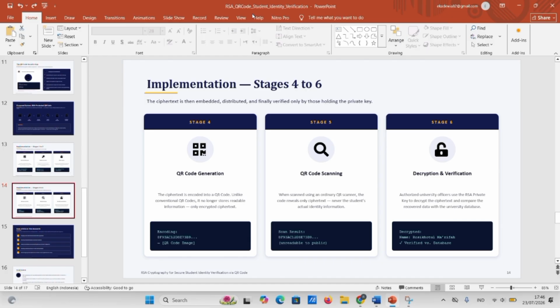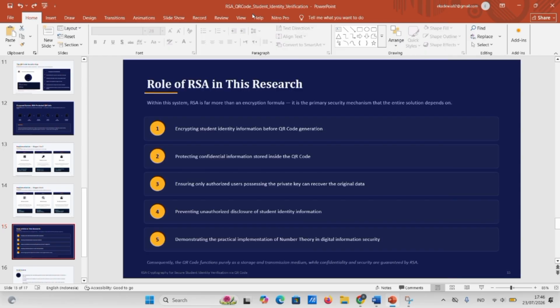Stage 6: decryption and verification. Authorized university officers use the RSA private key to decrypt the ciphertext and compare the recovered data with the university database. In this project, RSA is much more than an encryption algorithm. It serves as the primary security mechanism.